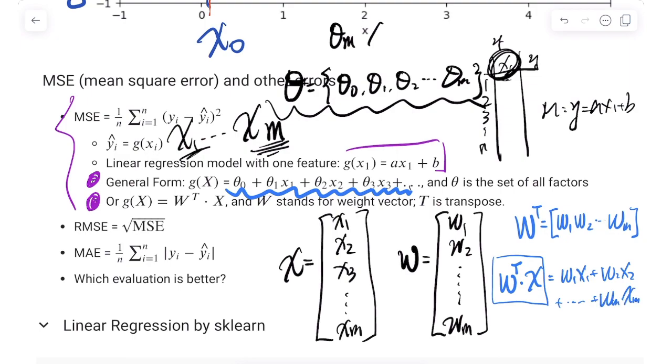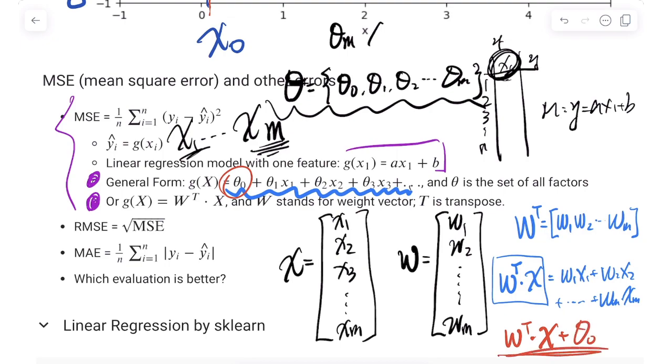That is just another way to represent a linear line. And you can see that there should be an intercept value here, so sometimes we write it as weight transpose product x plus theta 0.